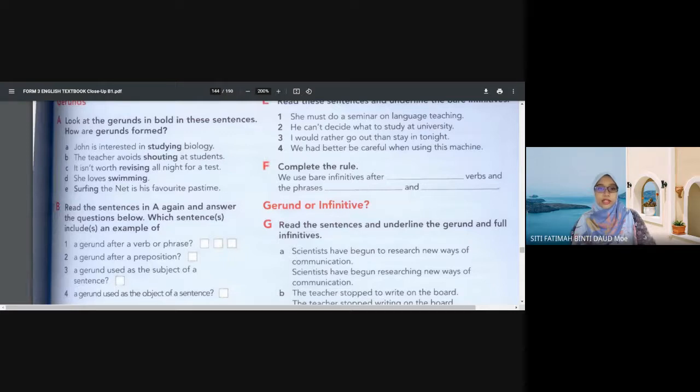A gerund used as an object of a sentence is this one, D. She loves swimming. Oh yes, this one is also D, as an object. This one, 1 and 4, both have D. She loves swimming. Okay, swimming is the object.